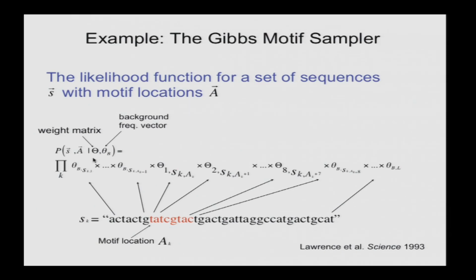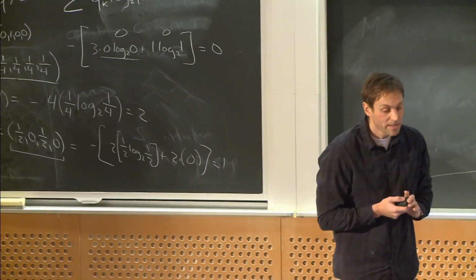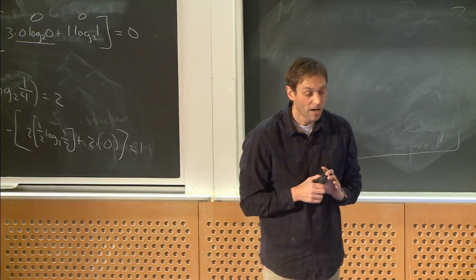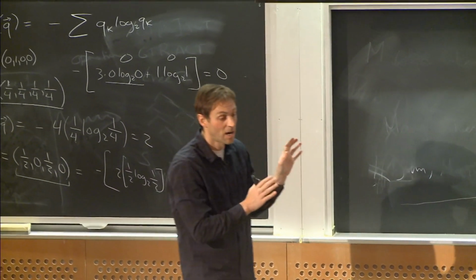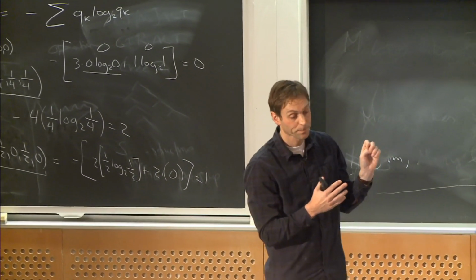In this case I made a motif of length 8, shown there in red, so there's a weight matrix of length 8, and then some sort of background frequency vector, which might be the background composition in the genome of E. coli DNA, for example.